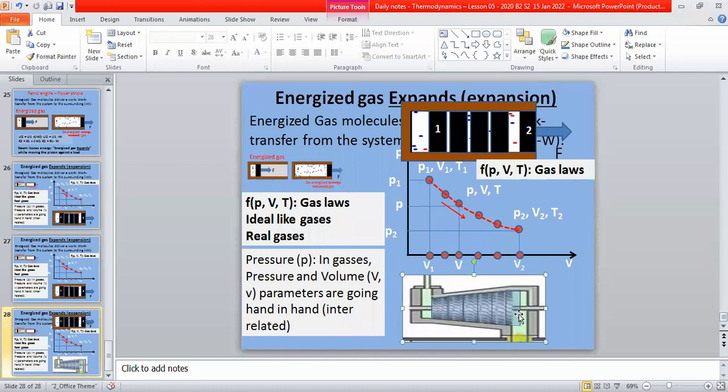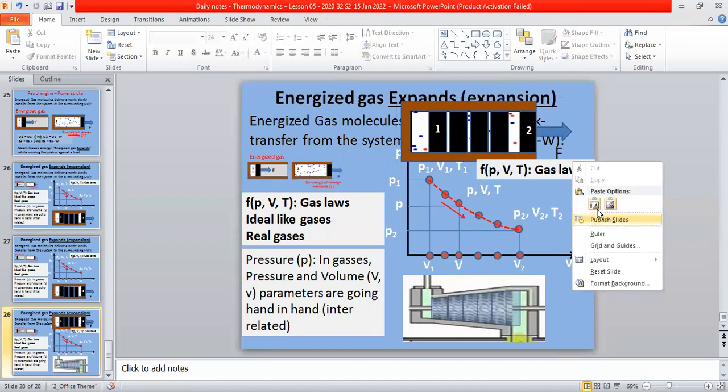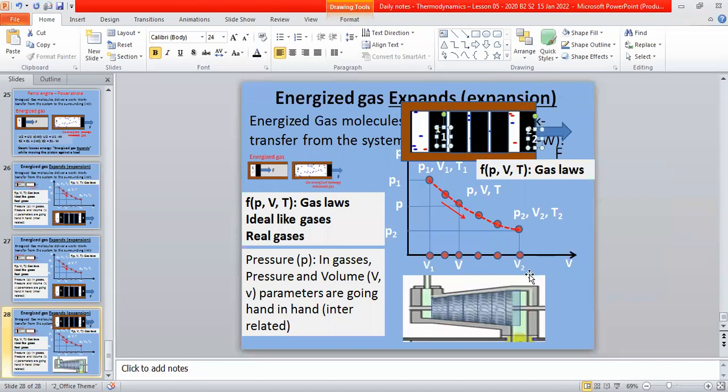V1 is here. V2 is here. Nice. It's nicely coinciding.